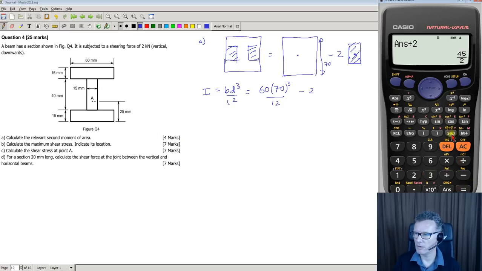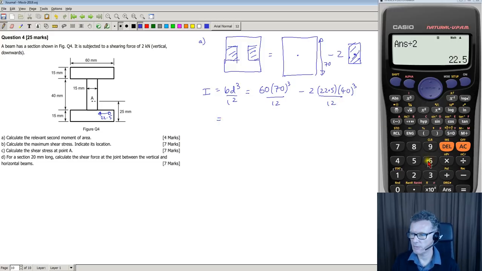So the width of one of these sections here is 22.5. And the height of them is 40. Over 12.